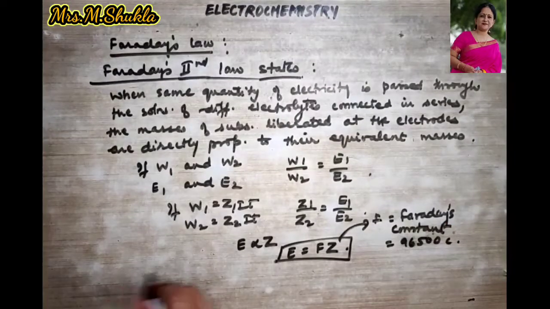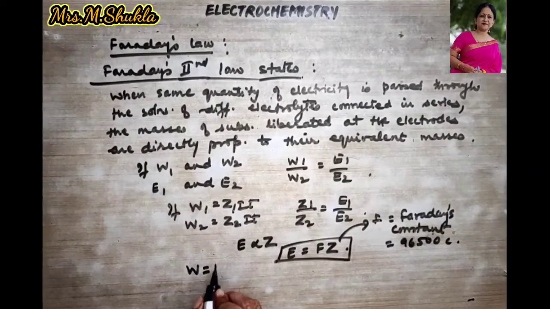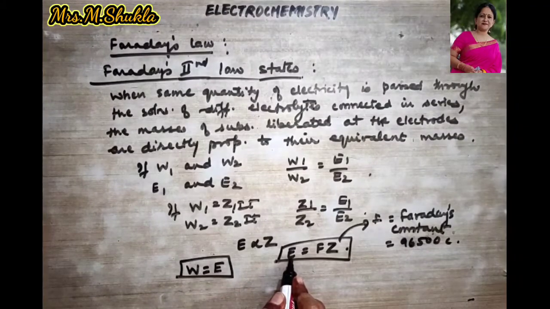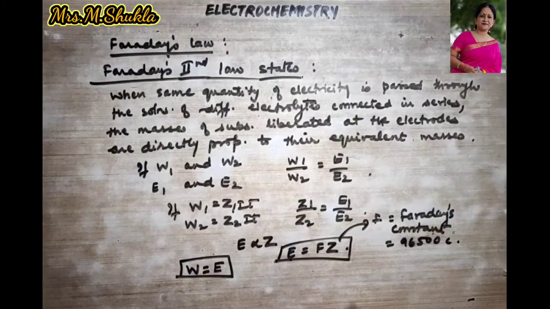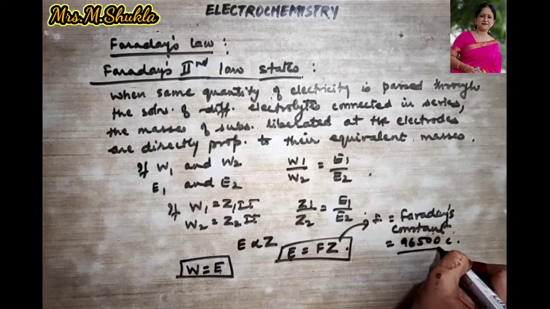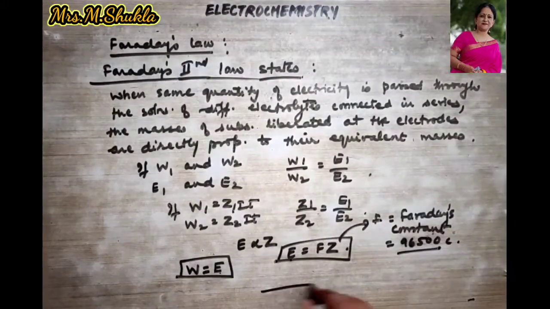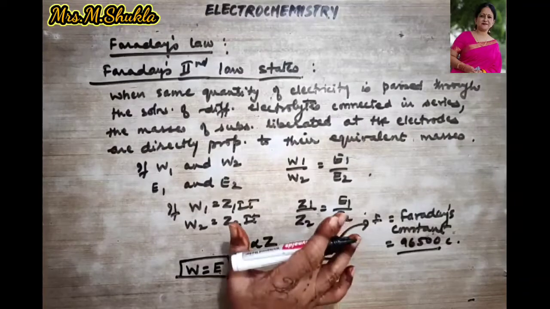Then we should know that the substance that is deposited on the electrode is always equal to your E, that is the equivalent mass. Followed? So on passing 1 Faraday, the quantity of substance deposited is equal to 1 equivalent mass. 1 Faraday, as I have already told you, it is equal to 96,500 coulomb.